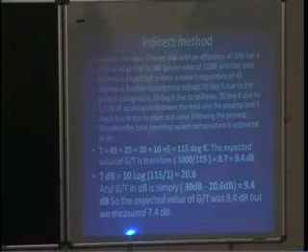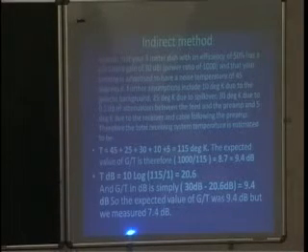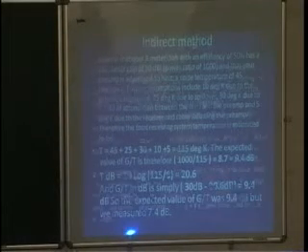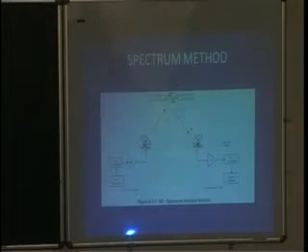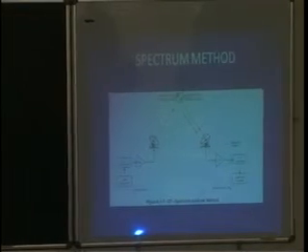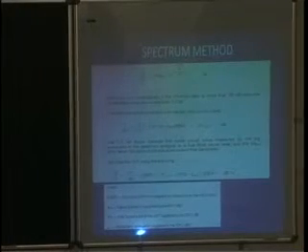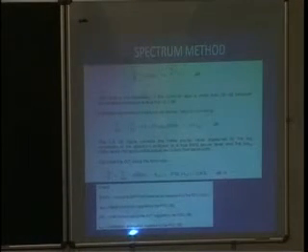So this is a more inaccurate method, but certainly one can use it. And one can also simply use the free space radar equation to calculate the free space loss.